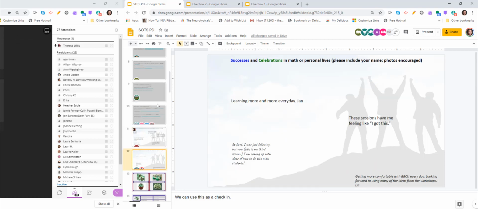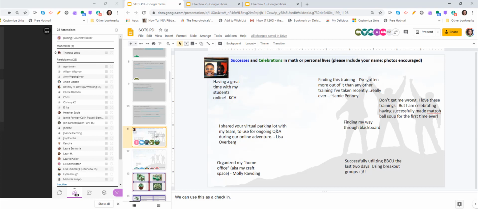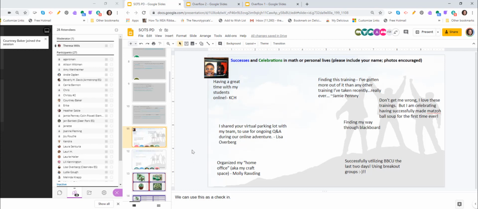Once you are ready to interact with us, come down to slides 11 and 12. They are duplicates. Put it on either one and share with us a success or a celebration that is happening in your world. You'll use the text box for this, and you'll just write directly on the slide. It's okay if it moves off to the side.